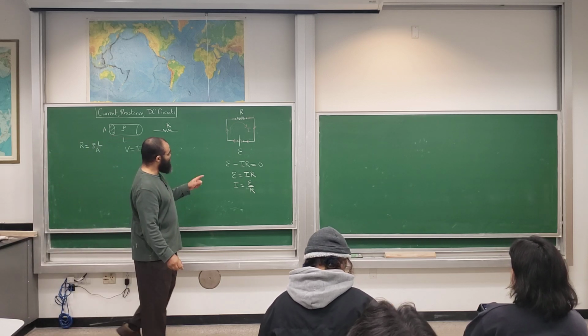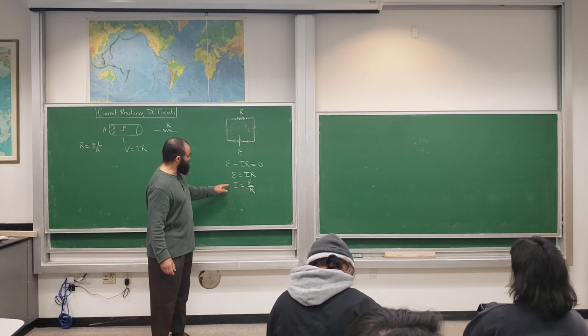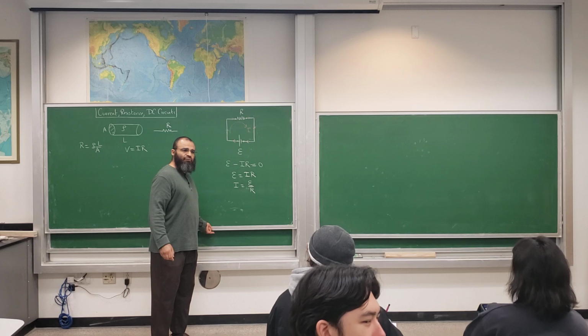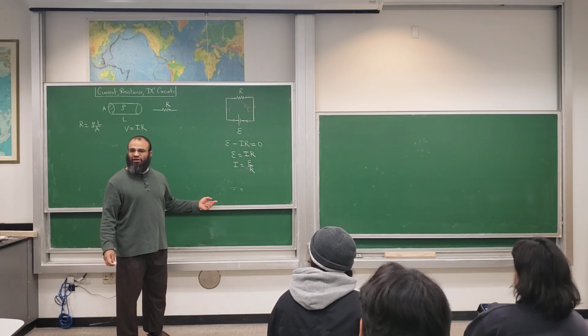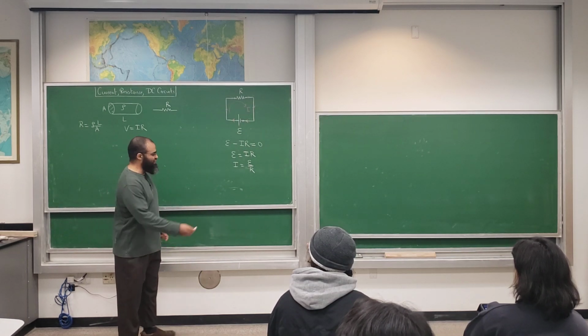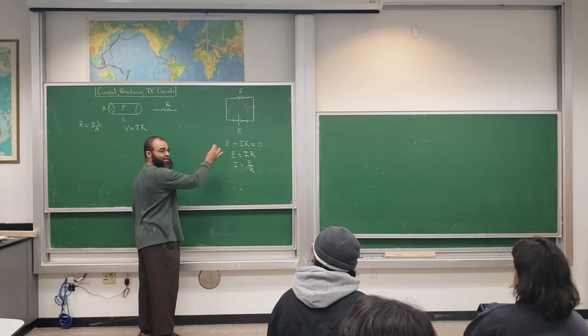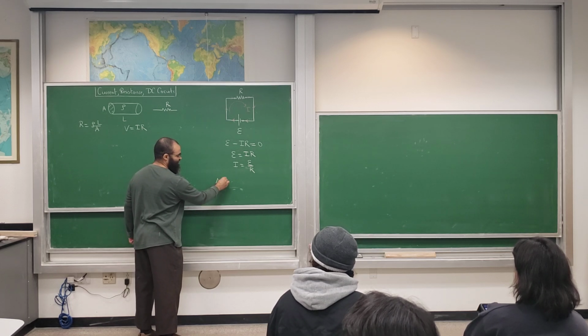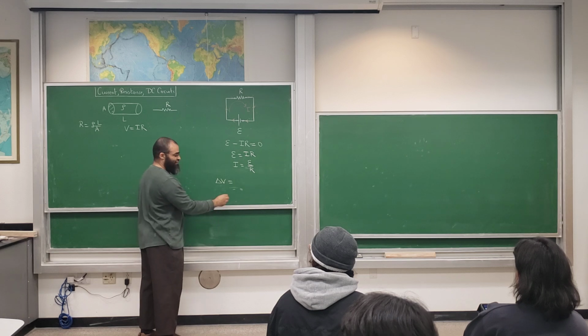Okay. So first of all, is it clear how I applied the loop rule? The loop rule comes from what we already know, the basics, right? We said the definition of the change in potential was what?